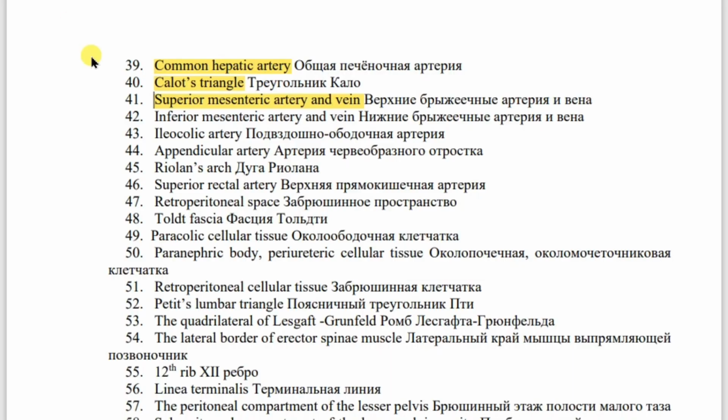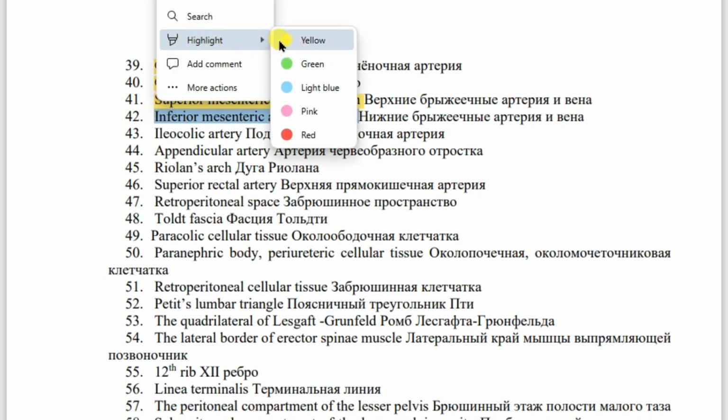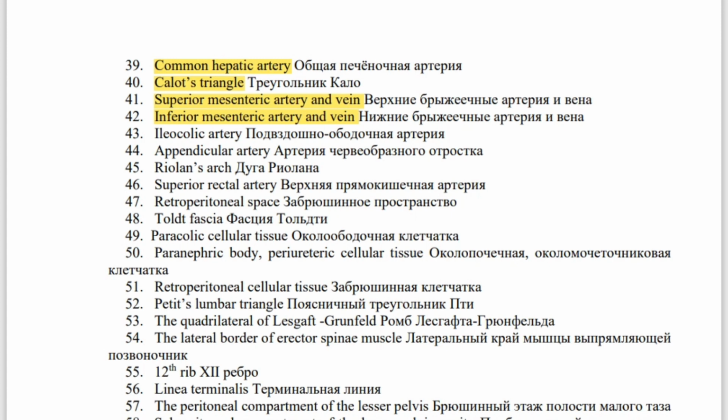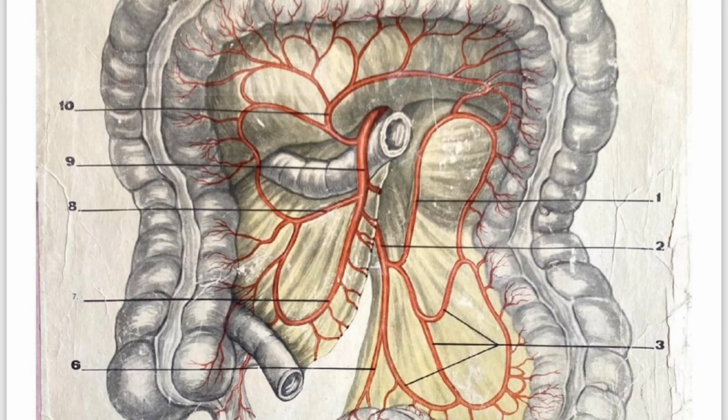Next we have the inferior mesenteric artery and vein. So let's see, this is our inferior mesenteric artery. It has four major branches: the left colic, sigmoid and the superior rectal branches.